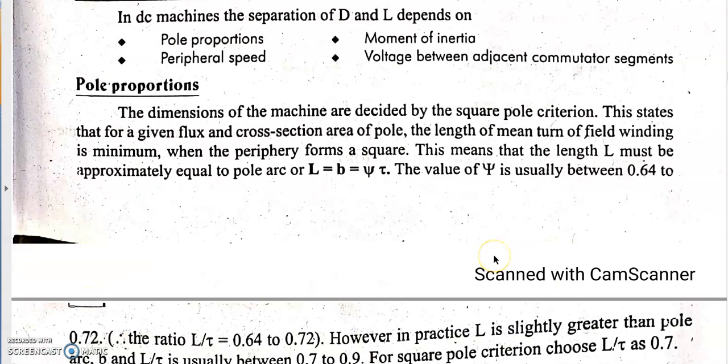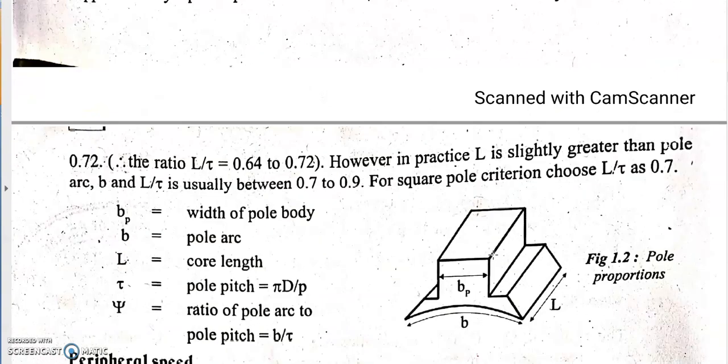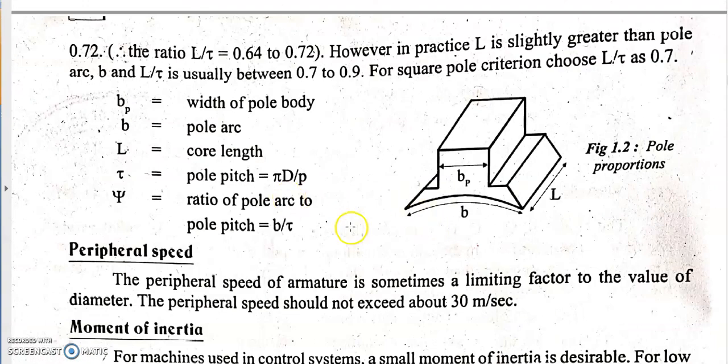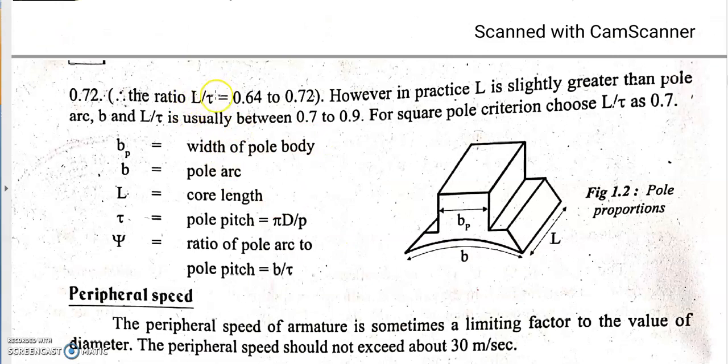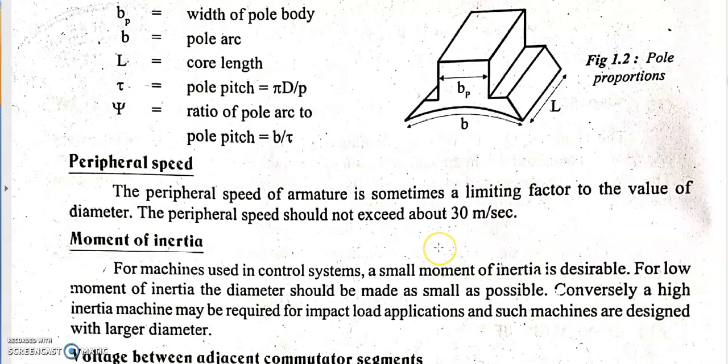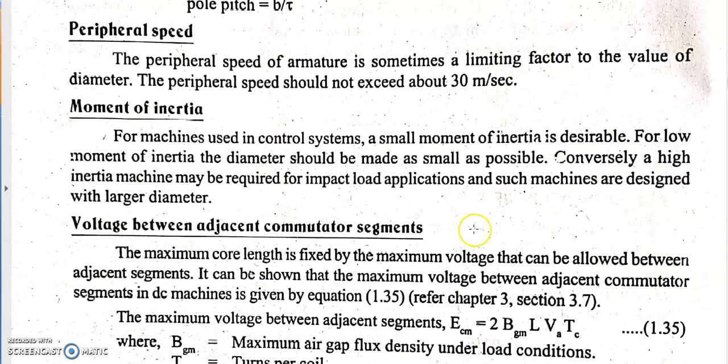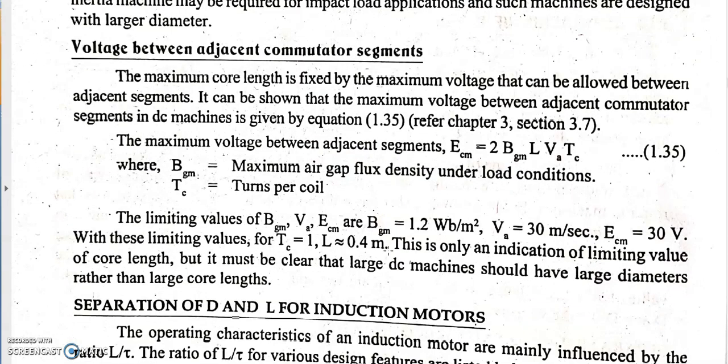For pole proportion, we choose the square pole criteria, wherein the L by tau ratio will also be equal to the B by tau ratio, and that value will be equal to psi, which is 0.64 to 0.72. Peripheral speed is 30 meters per second. Moment of inertia depends on the application for which this machine is going to be used, and the voltage between adjacent commutator segments should not exceed 30 volts.